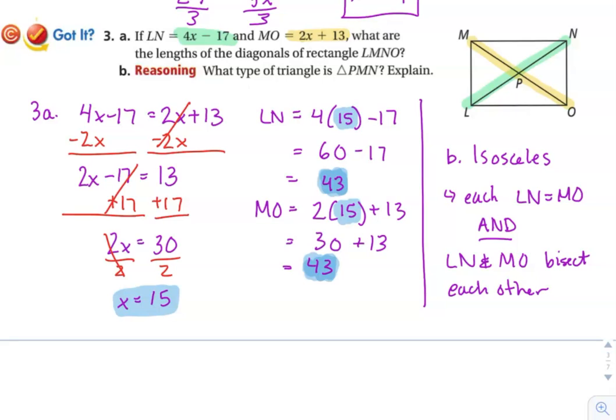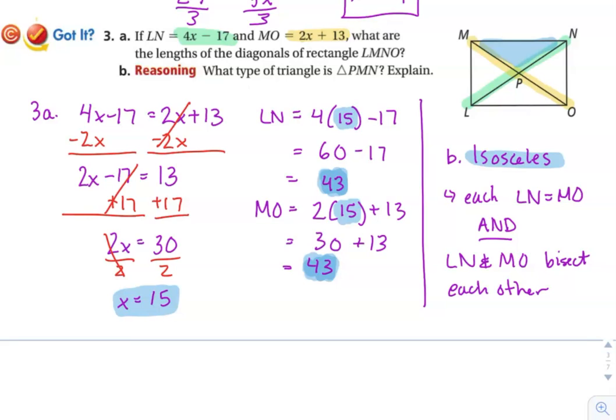And then for part B, what type of triangle is PMN? So let's look at PMN as this triangle within our rectangle. So we know it's actually going to be isosceles. The reason for that is because we know that LN and MO are congruent, right? So we know those diagonals are congruent to each other. And we also know, because a rectangle is a type of parallelogram, those rules for parallelograms apply as well.